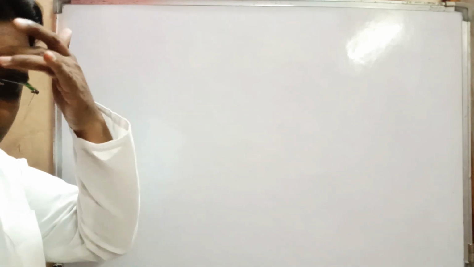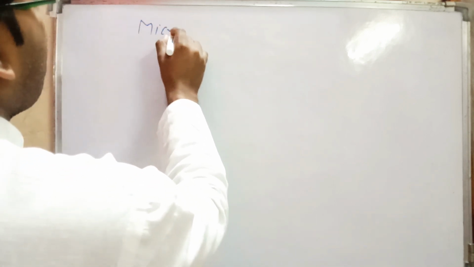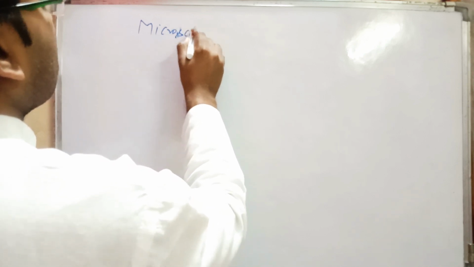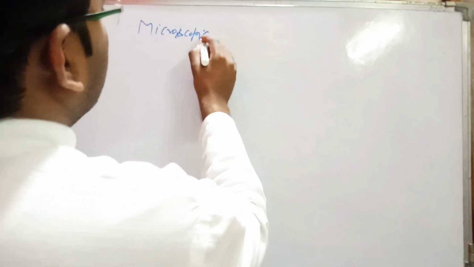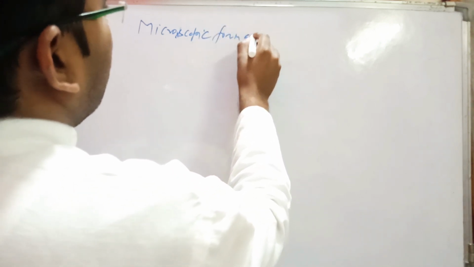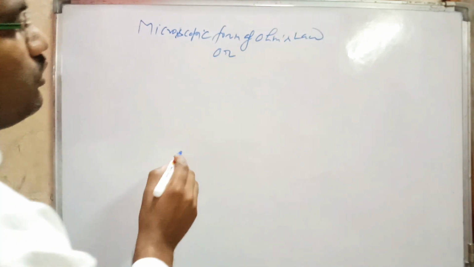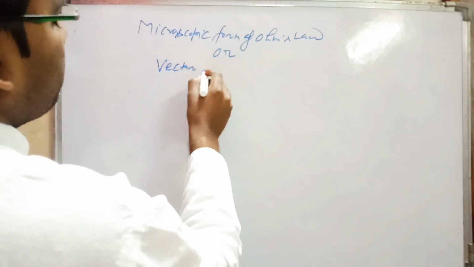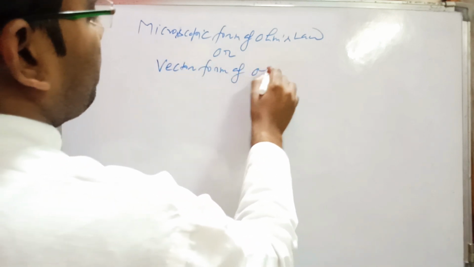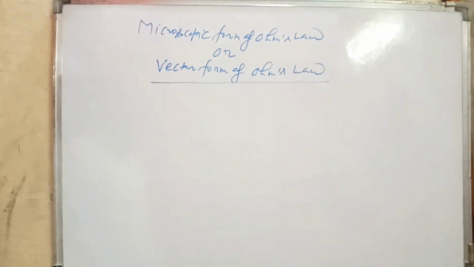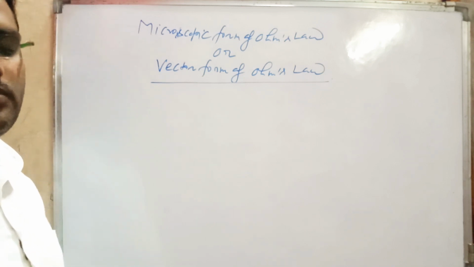Now the next topic is the vector form of Ohm's law, or the microscopic form of Ohm's law. In the previous lecture we studied Ohm's law.